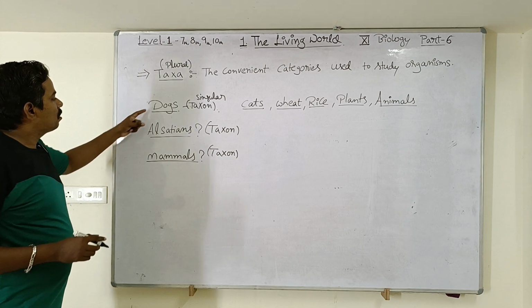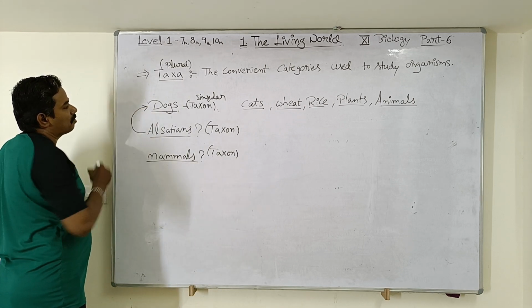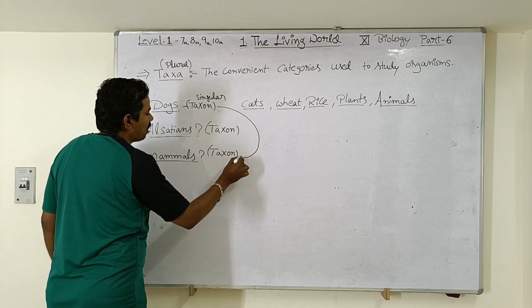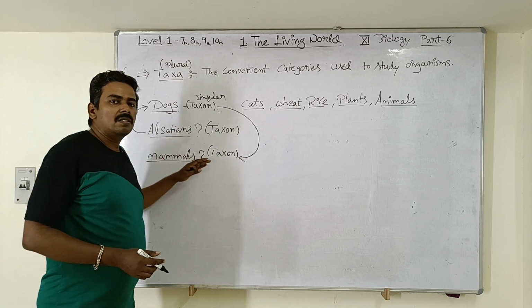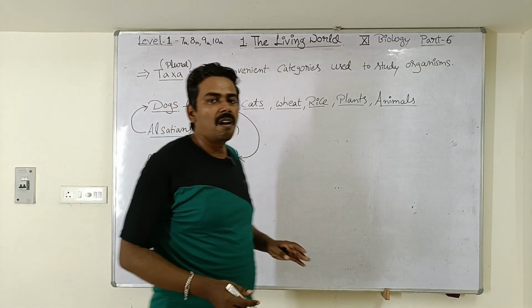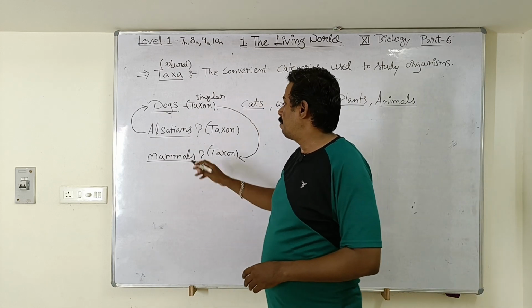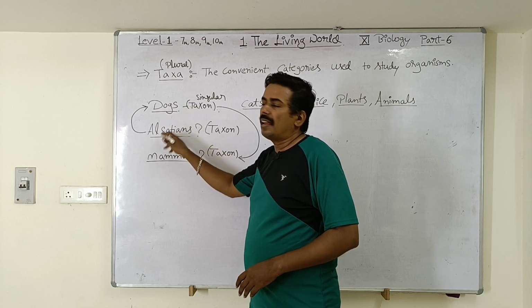The Alsatians belong to the taxon called dogs, and the dogs belong to the taxon called mammals. But all these are taxons at different levels. The mammals include the dogs and the dogs include Alsatians.